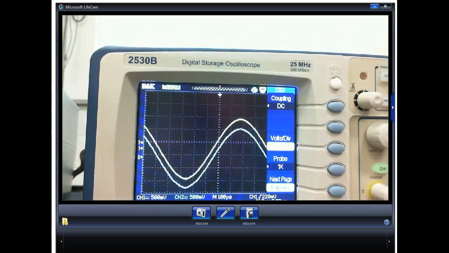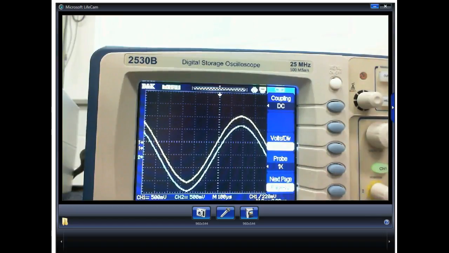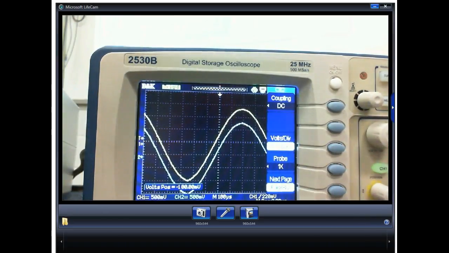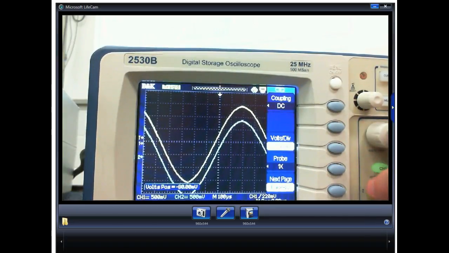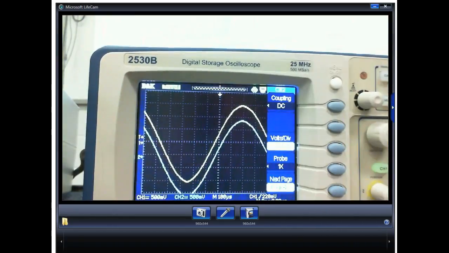So that's 2.5 volts. I need 3 volts. So let's go ahead and raise it up. So that way we won't have to change anything. So 1, 2, 3, 4, 5, 6 divisions. So that's 3 volts, peak, right?